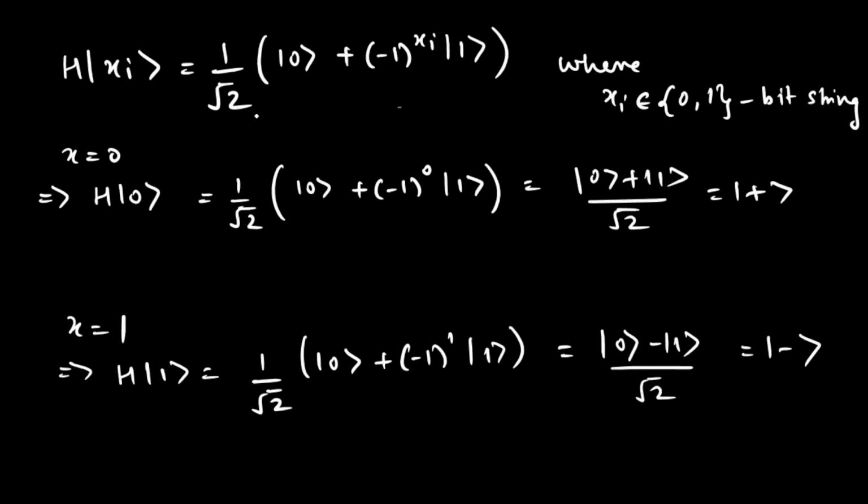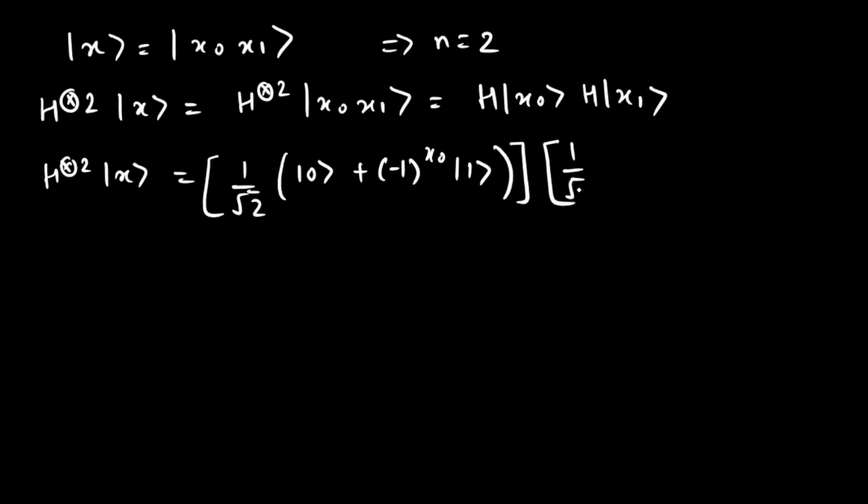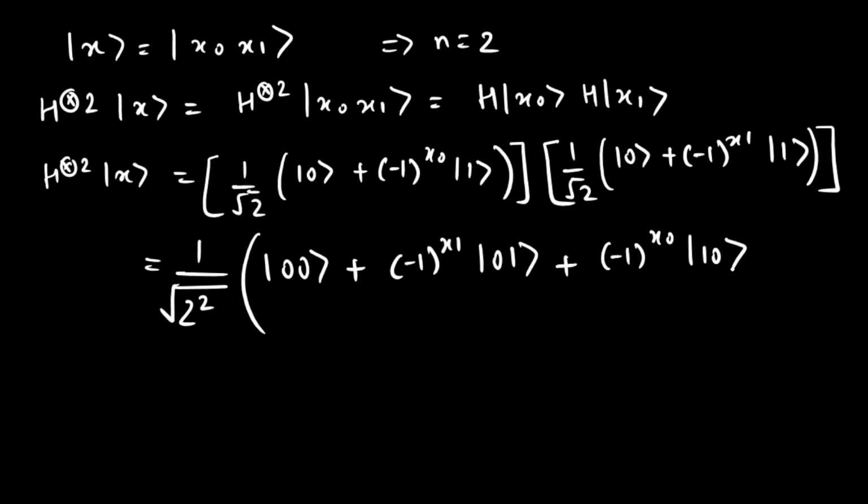From this general equation we can write H of x0 as 1 by root 2 (0 plus minus 1 raised to x0 into 1), and H of x1 as 1 by root 2 (0 plus minus 1 raised to x1 into 1). Now taking root 2 common, we have 1 by root 2 squared, and multiplying the individual states, 0 with 0 will give us 0 0, and 0 with minus 1 raised to x1 of 1 will give us minus 1 raised to x1 0 1. Similarly, we'll have minus 1 raised to x0 1 0 plus minus 1 raised to x0 plus x1 1 1.